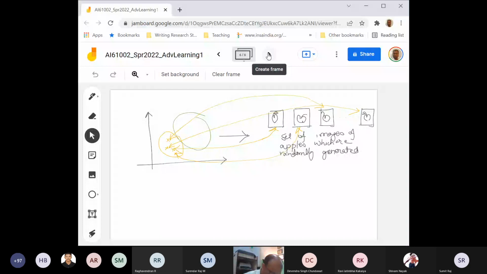Now, similarly, this can be a set of images of balls which are randomly generated.